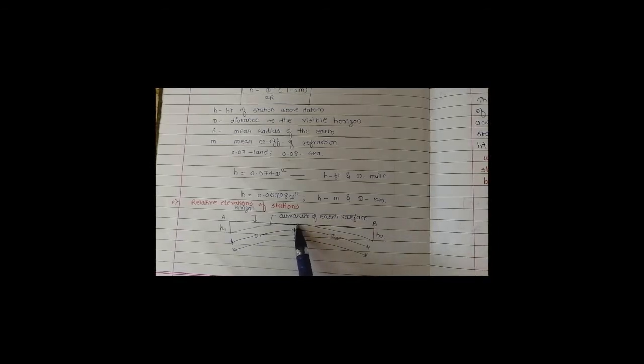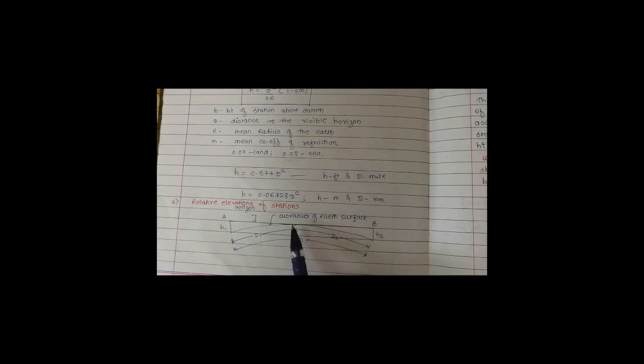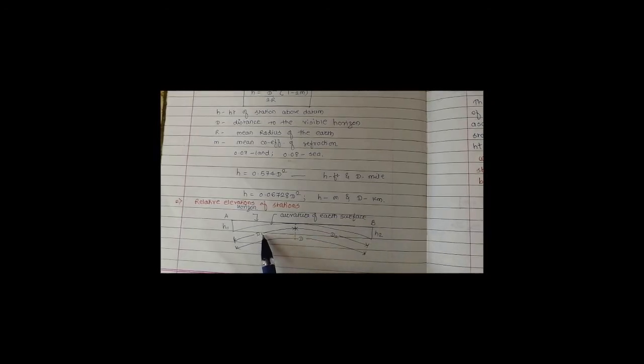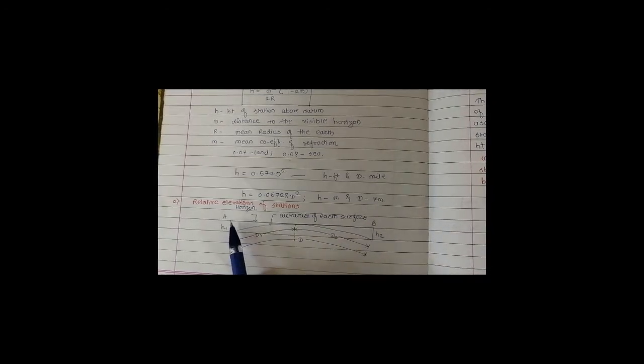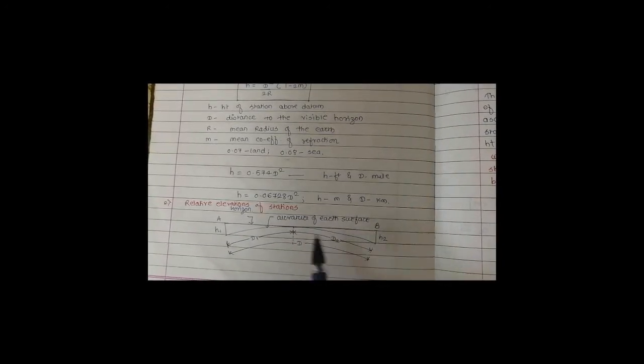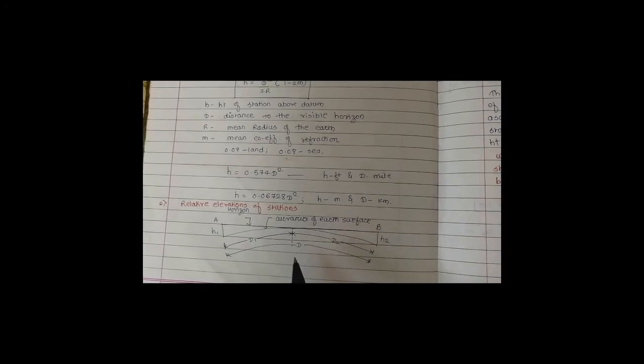So initially we find the distances of the stations with respect to the point of tangency. D1 is the distance between the point of tangency and station A, and D2 is the distance between station B and the point of tangency.